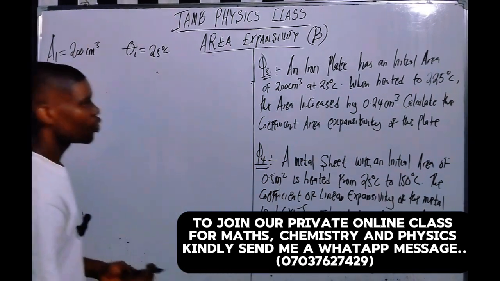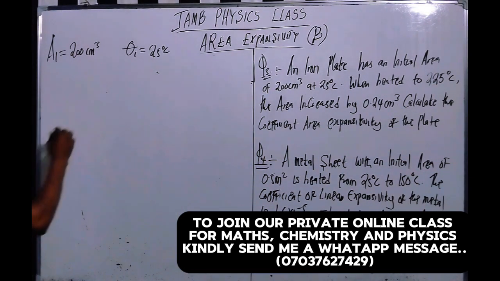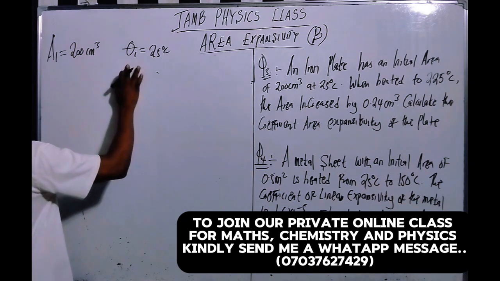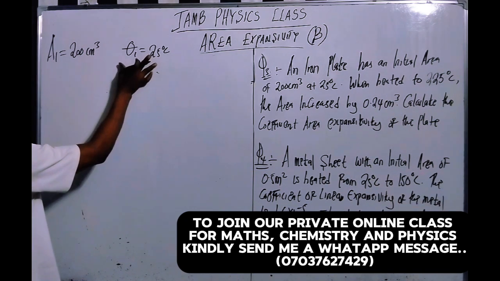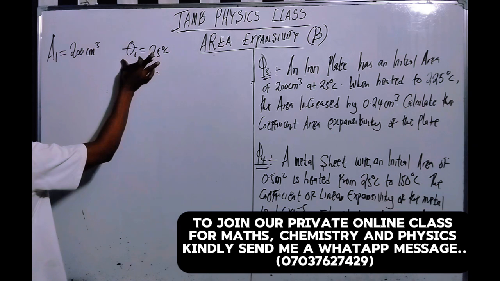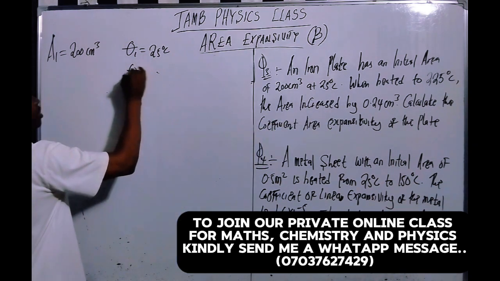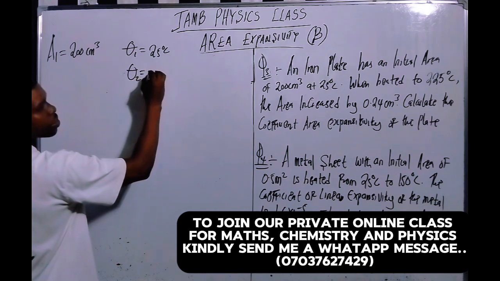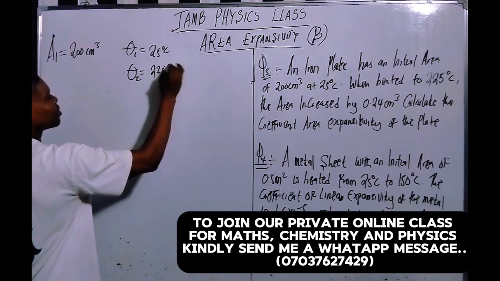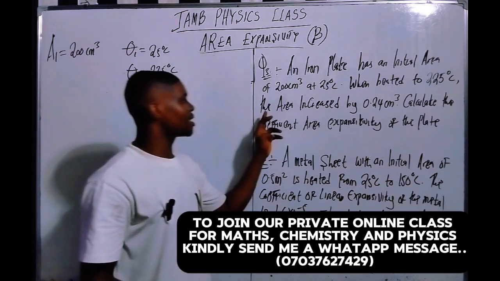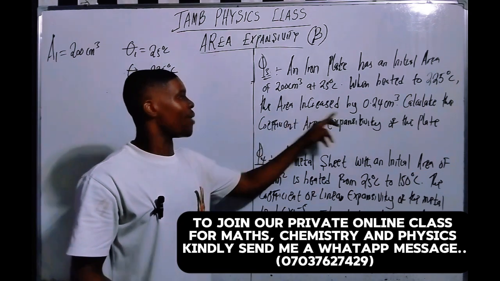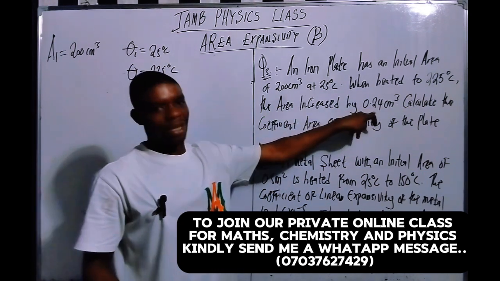Now my final temperature, theta 2, is equal to 225 degrees centigrade, right? Now the area increased by. This is not the second area.